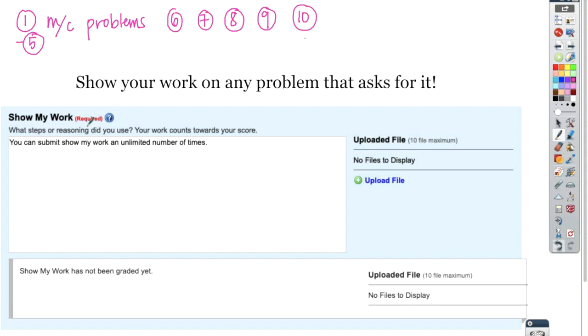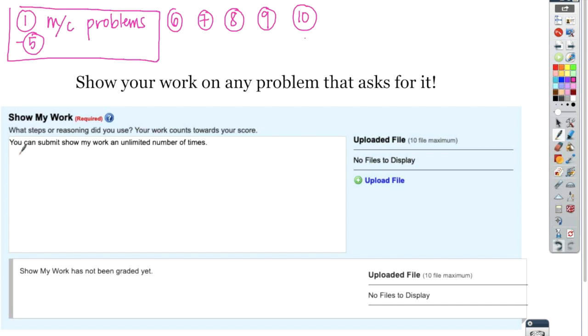Now, you will have to show your work on a lot of the problems. Multiple choice problems, there's no work required, and so you won't see anything that looks like this. There won't be a place to type your work. There won't be a place that says upload a file of your work. Multiple choice problems, you don't have to show me any work, but everything else, you'll see a little window that looks like this.